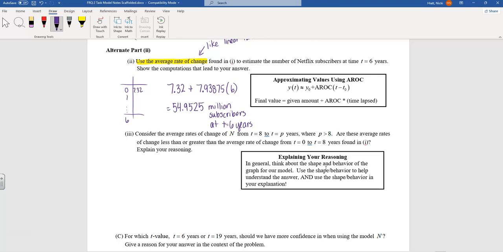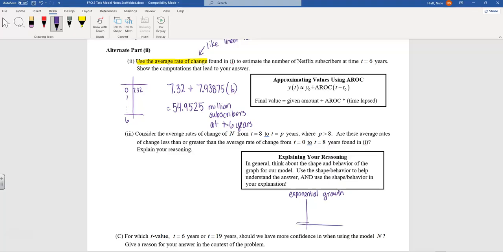They told us this is exponential, right? Is it exponential growth or exponential decay? Exponential growth. So exponential growth is going to look like this.